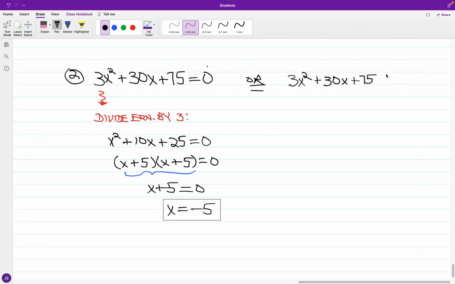Say if you have, again, 3x squared plus 30x plus 75 is equal to 0. Just like from the start when we looked at expressions that had the y's, z's, m's, n's, if you were to factor 3x squared plus 30x plus 75, you can factor out 3. 3 will go into 3x squared, x squared times, 3 into 30x is 10x, and 3 into 75 is going to be 25.